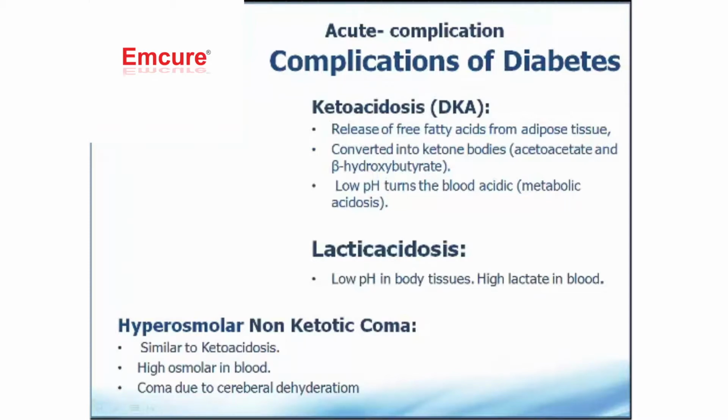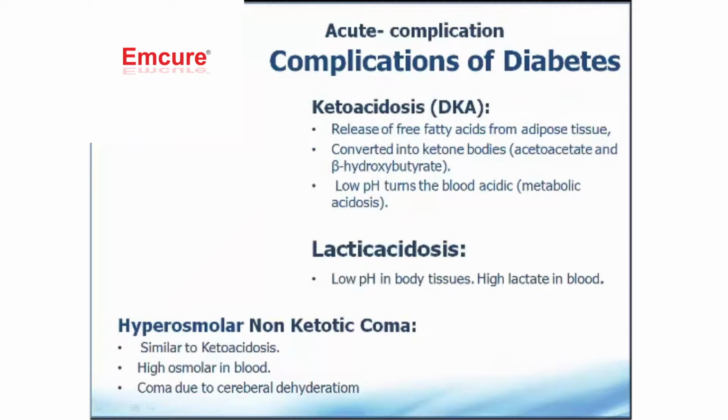Ketoacidosis is a condition wherein there is a release of free fatty acids from adipose tissues, which in turn get converted into ketone bodies like acetone and beta-hydroxybutyrate. This condition leaves the patient with a low plasma pH, and a metabolic acidosis forms.